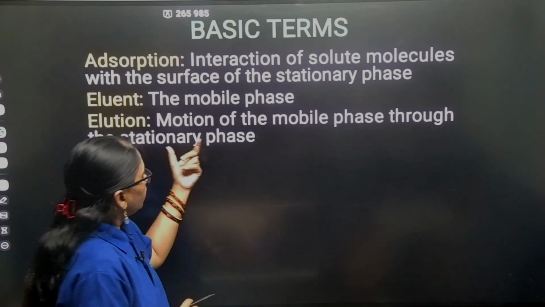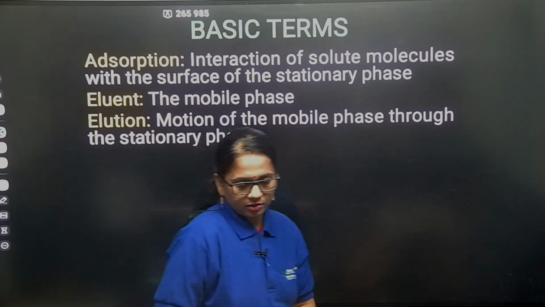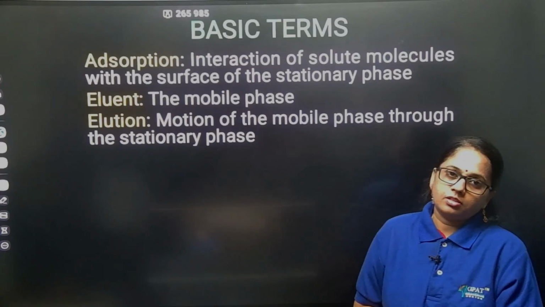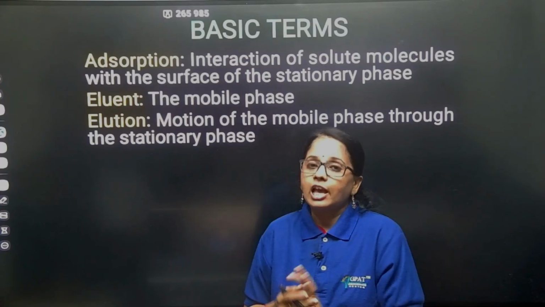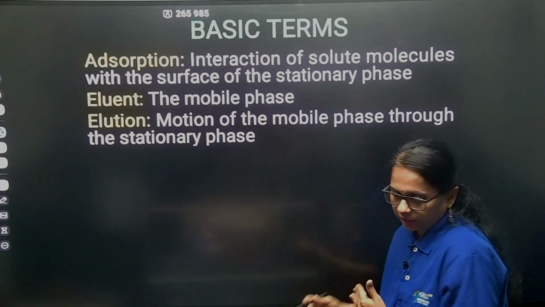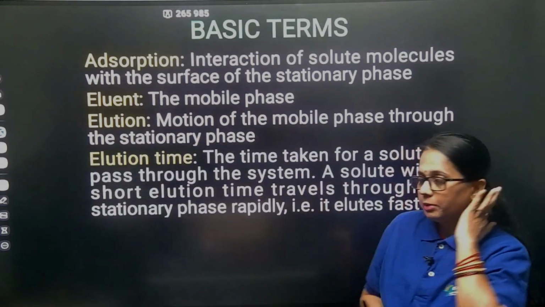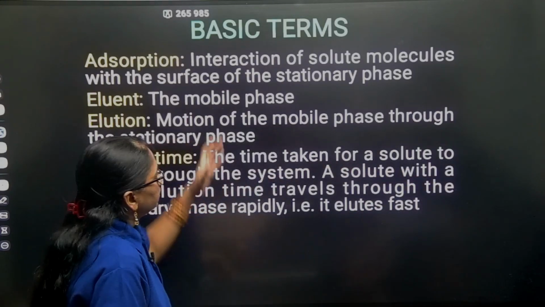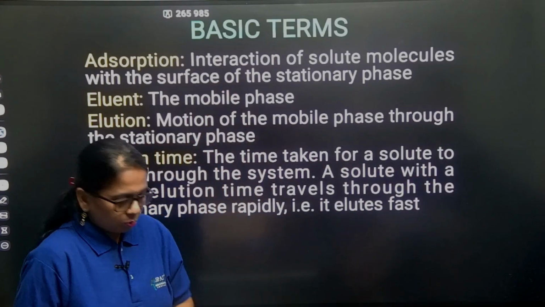What is elution? The motion of the mobile phase, or the mobility of the mobile phase, through the stationary phase. So the process is called elution, by using the mobile phase, which is called the eluent, okay. So these are the basic terms we generally use in chromatography, and it may require most of the time.